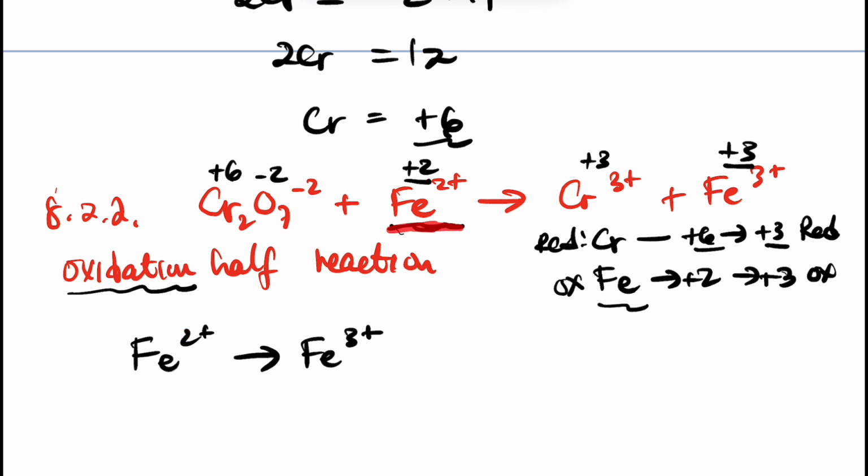Remember the Fe, we said it's oxidizing because the oxidation number increases. You see, it's 2+ and it goes to 3+. That means it has lost one more electron. So we're going to put 1 electron there. That means it has lost an electron. So when it's 2+, that means it has lost 2 electrons already.